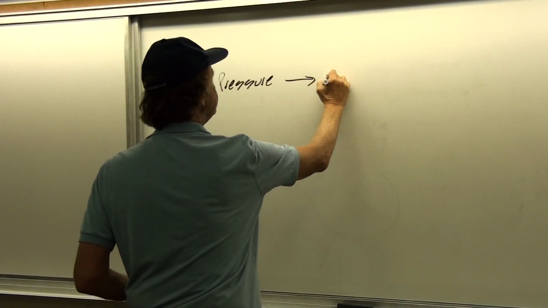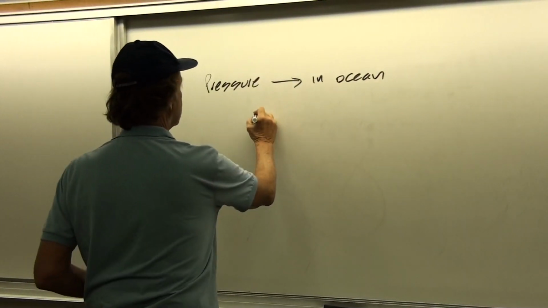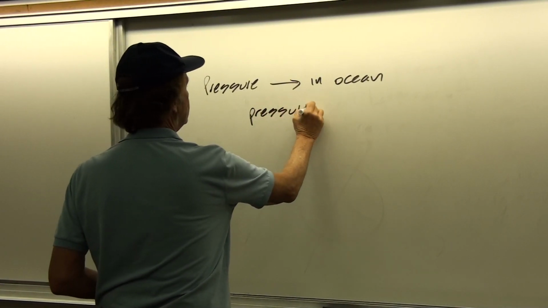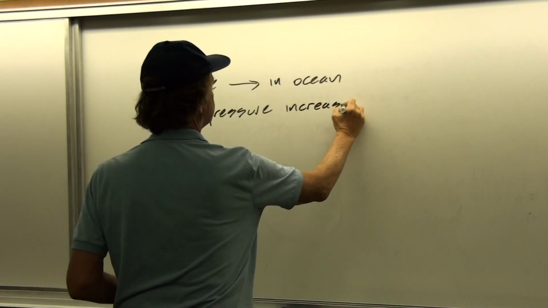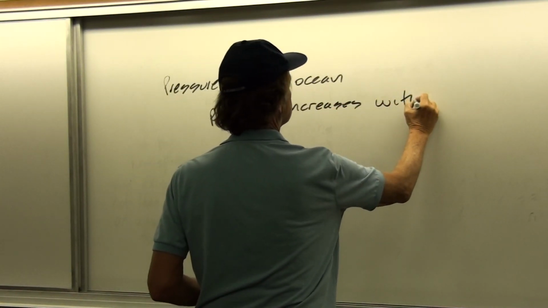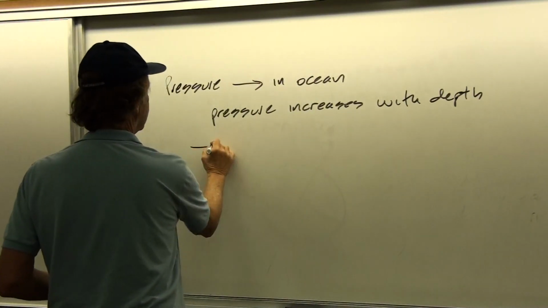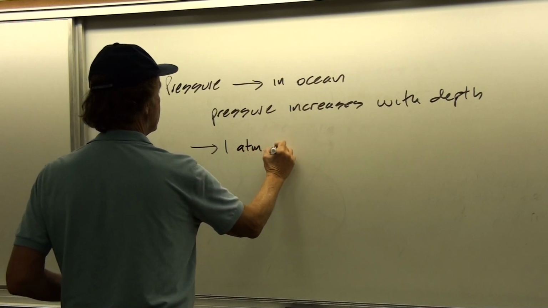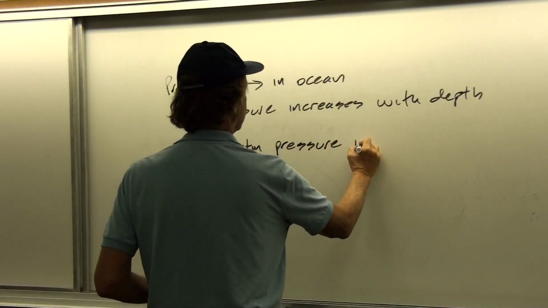In the ocean, the pressure increases with depth, such that you get a 1 atmosphere pressure increase.